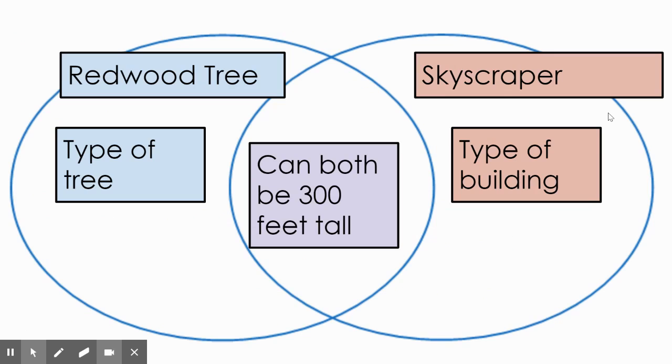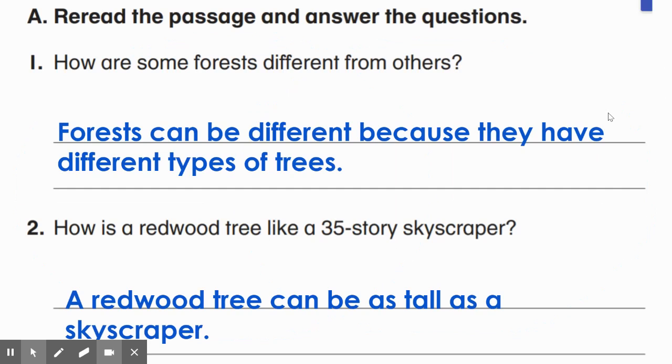That brings me to our Venn diagram that we practiced earlier. We said that both a redwood tree and a skyscraper could be 300 feet tall, meaning they could be the same height. So for number 2, I said a redwood tree can be as tall as a skyscraper. That's how they are similar. Press pause and play when you're ready to continue.